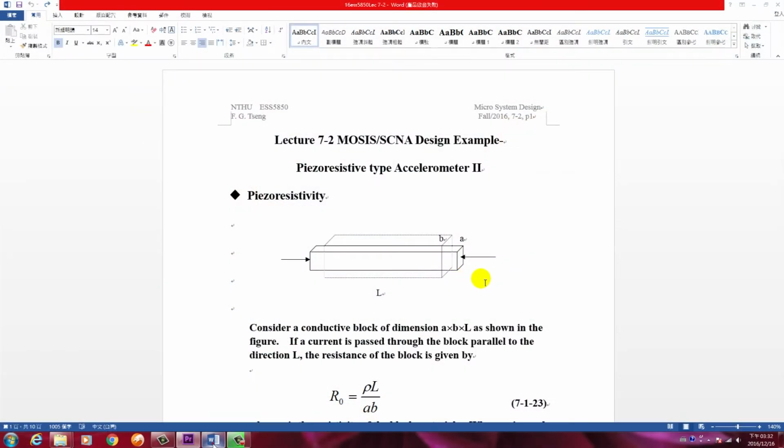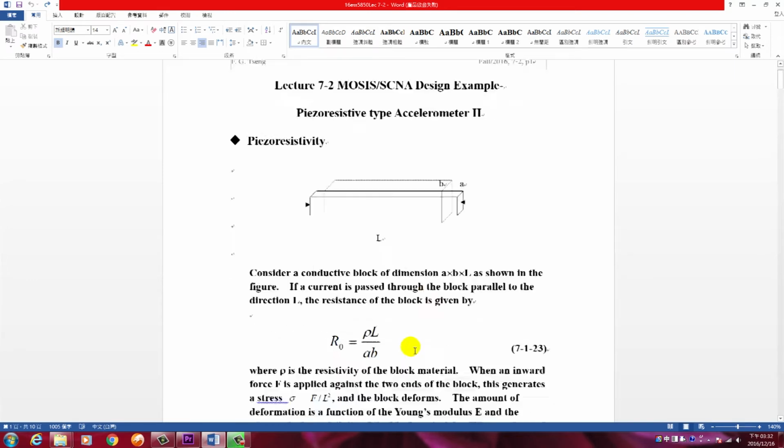Okay, so we have this kind of compression of the material in length, and the material will give a resistance like this. The resistance of this structure will be equal to the resistivity, rho, times the length of the material over the cross-section of the material. So if you want a high resistance, we can use a long material with high resistivity.